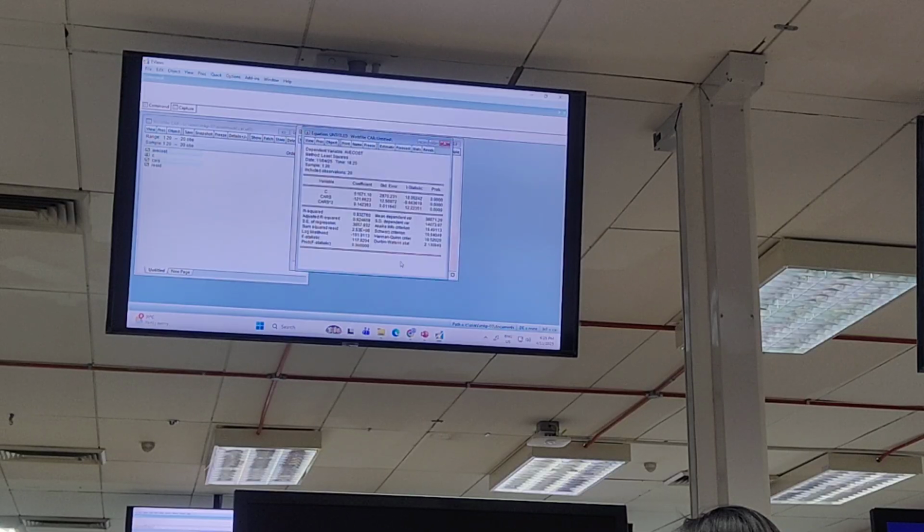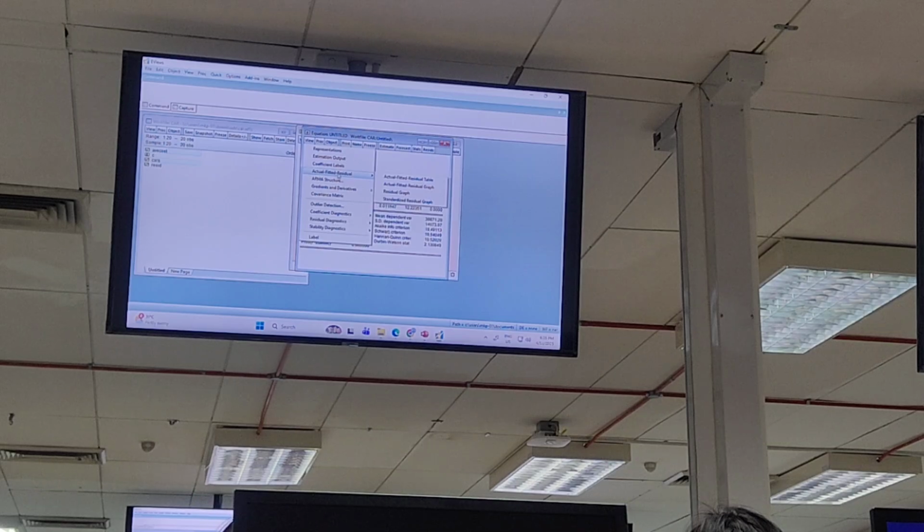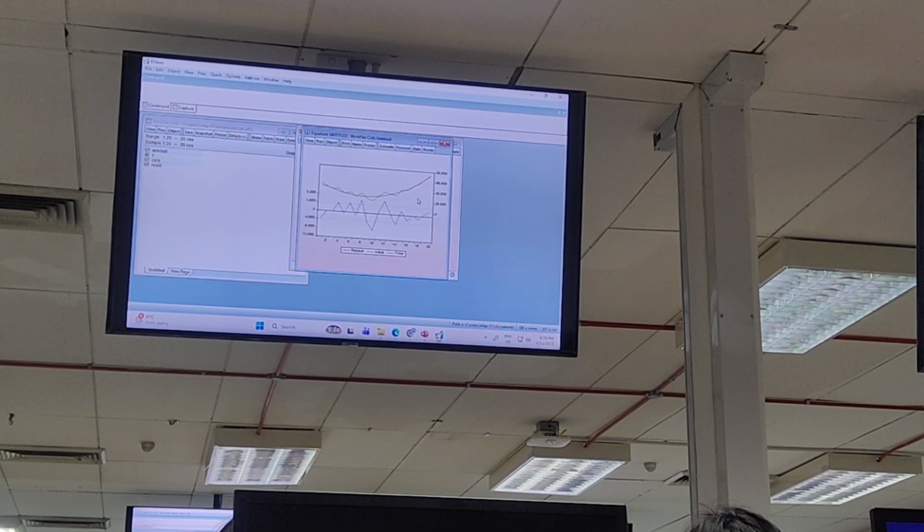Okay, so now you get the estimate. Now you check again. You go to view, actual fitted residual graph. So now you see it fits the data better than the straight line.